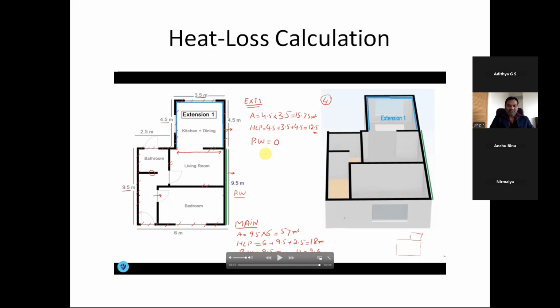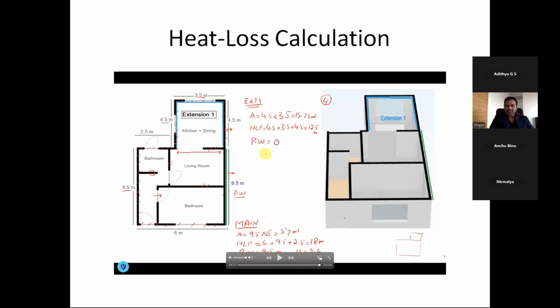So if you look at this, though there is an extension at the back of the house, the open area for the main building is 2.5 meter. So that should be considered. And then this is open for the heat loss, 9.5 meter, and then the frontage is obviously open, 6 meter.